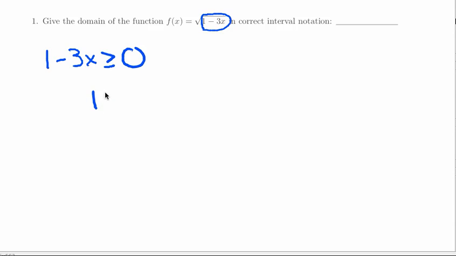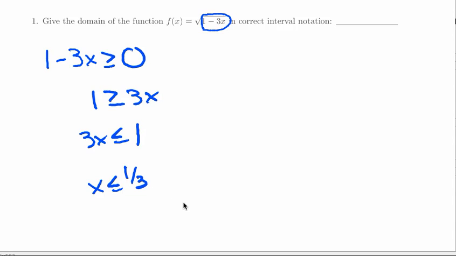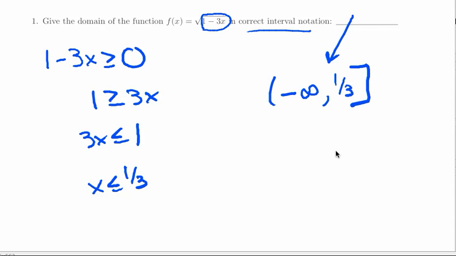I'll add 3x to both sides and get this. I'm just going to flip that around to make it feel a little better as I write it. Then divide by 3, and I will get an inequality that tells me what the domain is. To put that into correct interval notation, that's all x less than or equal to 1/3, so my answer is negative infinity to 1/3, and square bracket that off.